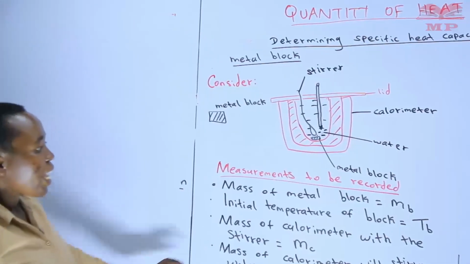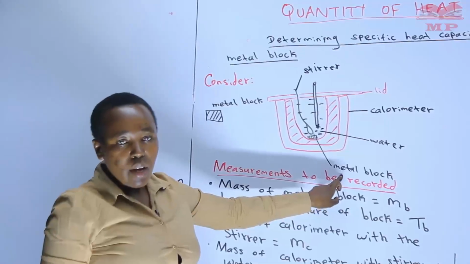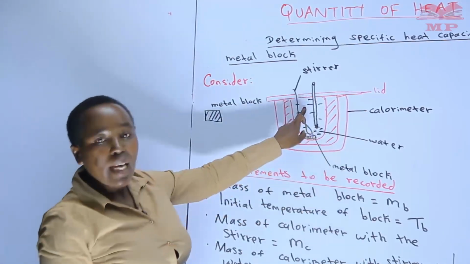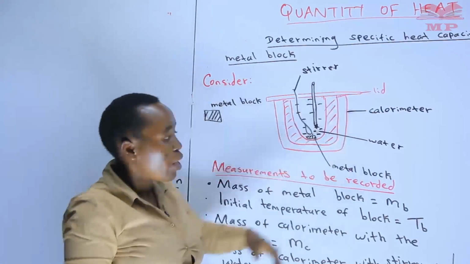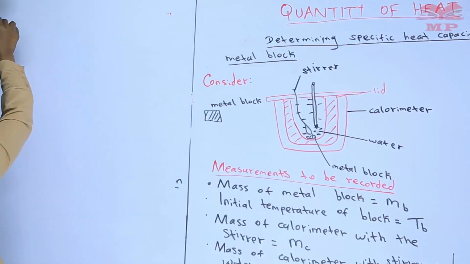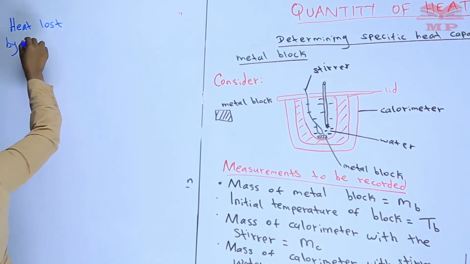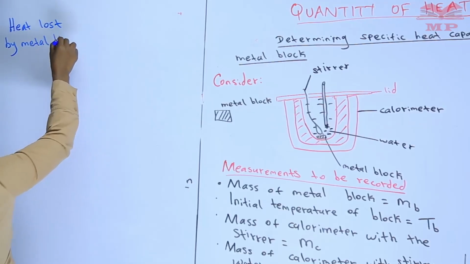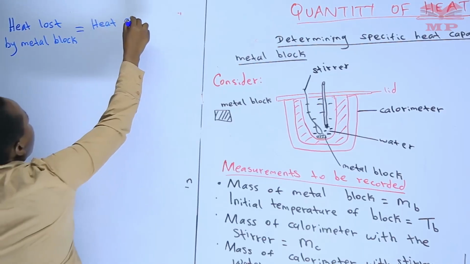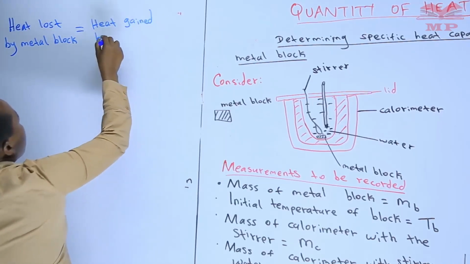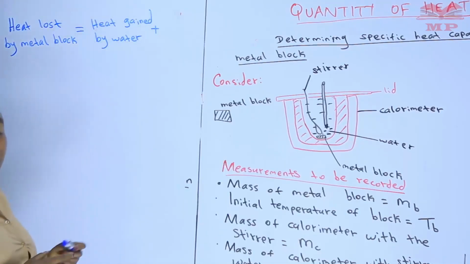If our heat loss is negligible, it will mean that heat that is lost by the metal block will be gained by the water, and it will also be gained by the calorimeter. So we are going to say therefore that heat lost by the metal block will be equal to heat gained by the water. That is one. What else is gaining heat in this experiment?